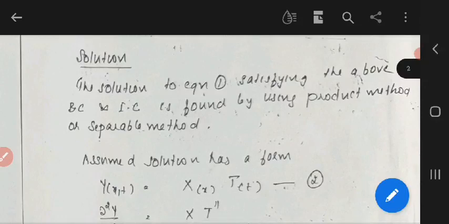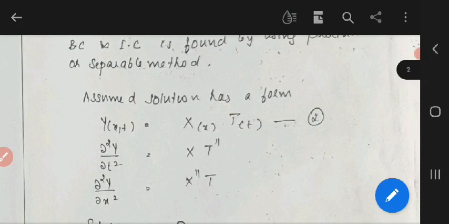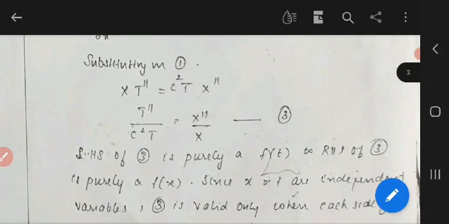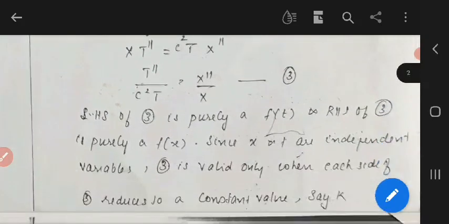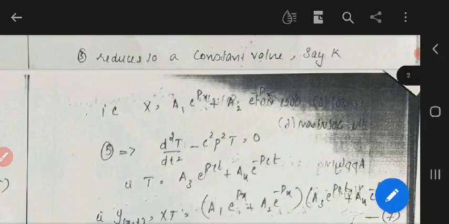As I told you in the heat equation, we solve this by the separable method. So we separate the solution as X into T, and we find the second order differential equations satisfying this wave equation. And I told you we will discuss three cases where the constant is equal to 0, positive, and negative.